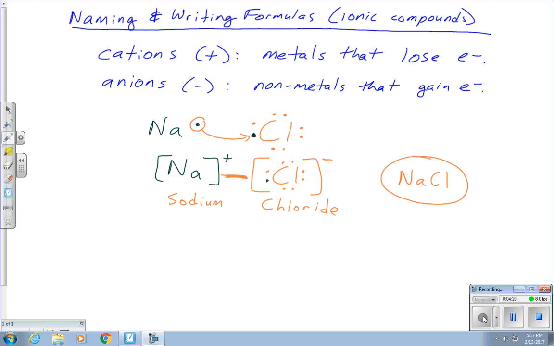We just write the symbol. So that's one way of showing what goes on. I'll show you a couple different ways to write formulas. I'll give you another example of this method.